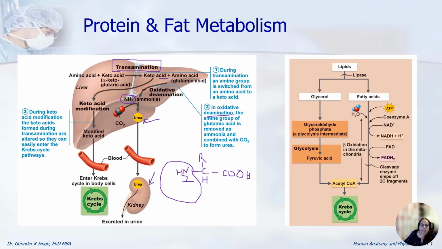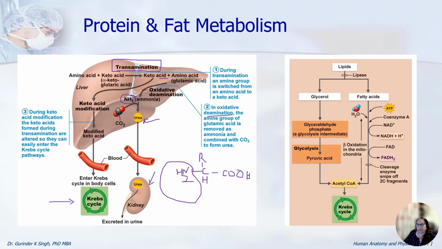Okay, the keto acids which are produced after the removal of the amine group can be modified, and then they can enter the blood, and then enter into the cells, and they enter into what is known as the Krebs cycle, which we will discuss in the next chapter.